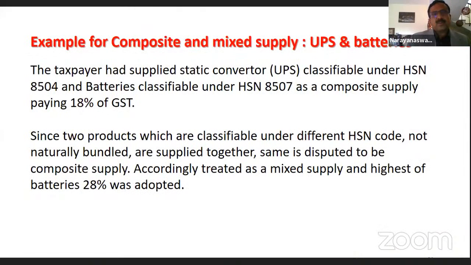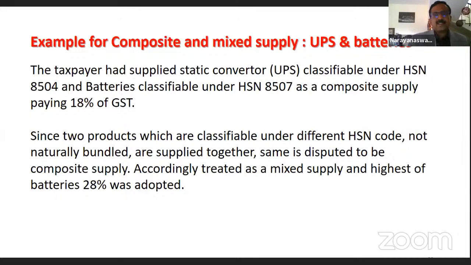We come across cases like this in our audit or in our investigations. For example, one person was clearing converter with batteries and classifying as UPS and paying the taxes at the rate of 18%. But we have taken objection saying that these two are not always sold together.